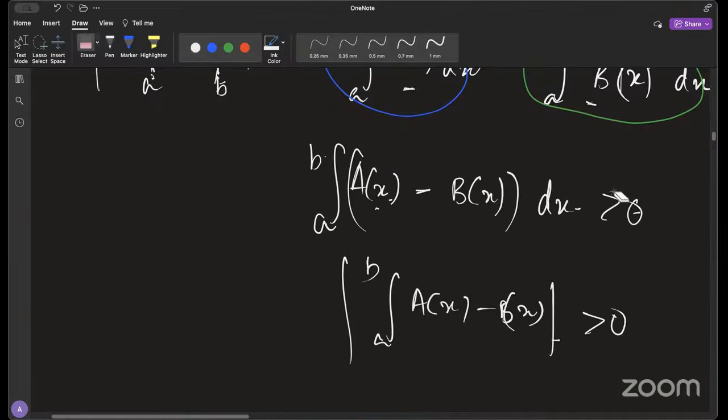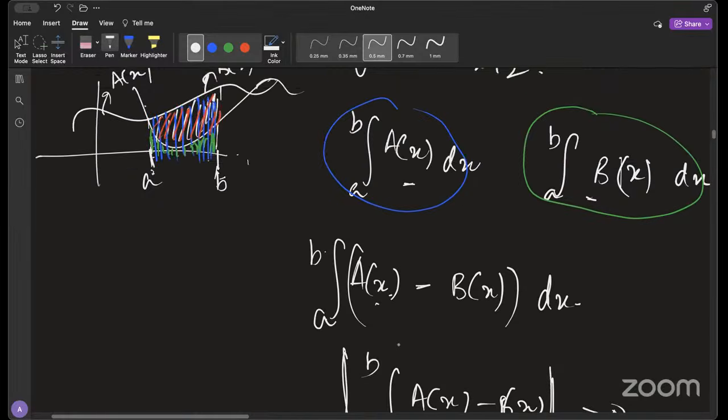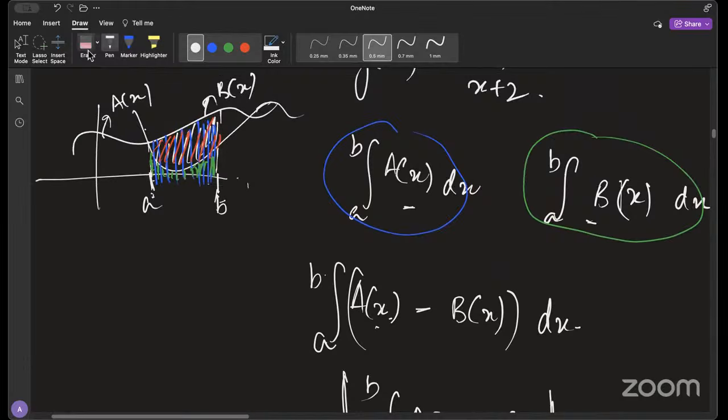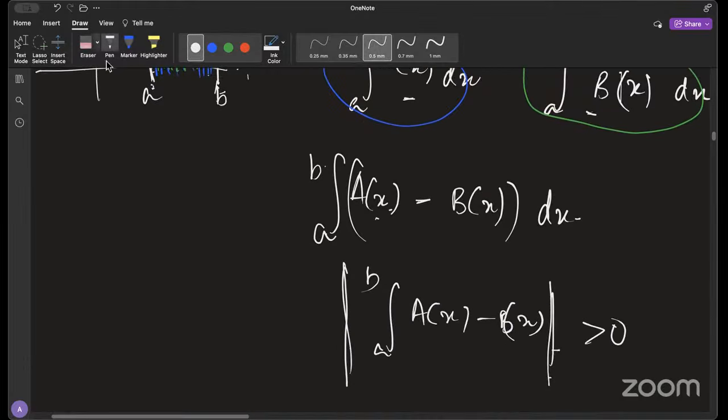But if AX is below BX, then this area will be negative and the mod will give you something positive, which is required, right? If you have to find the area between two things, area is always positive, so you want the quantity to be positive. To make sure of that, you can simply put a mod sign, and you don't need the mod sign if you already know which curve lies above and which lies below.